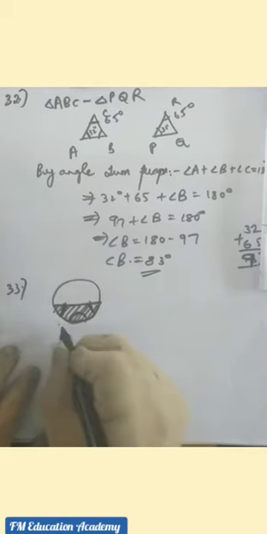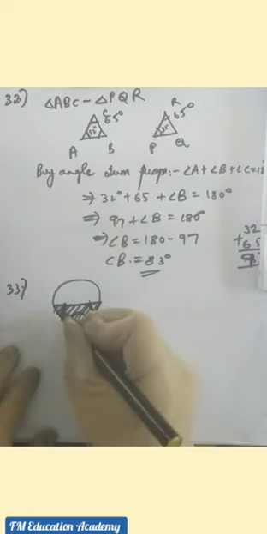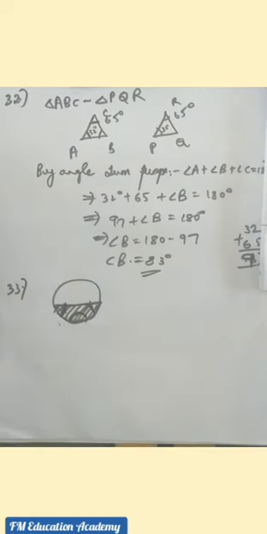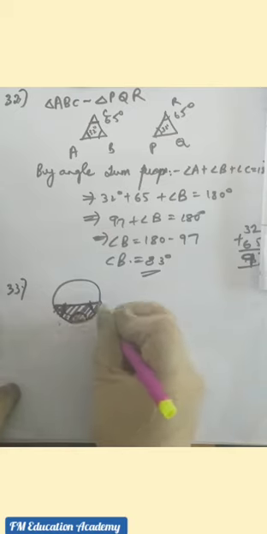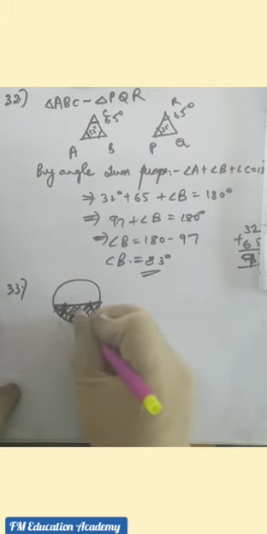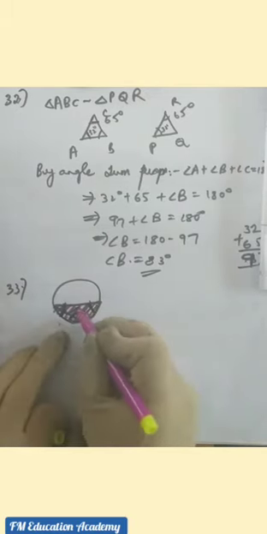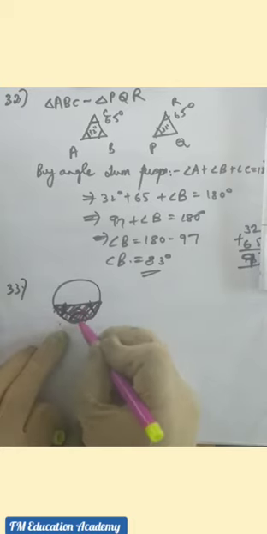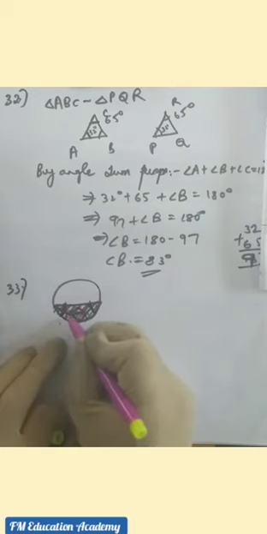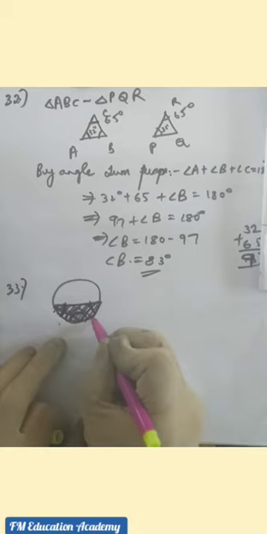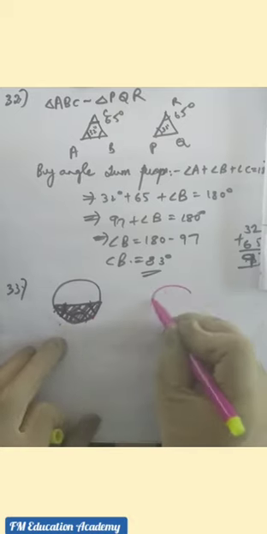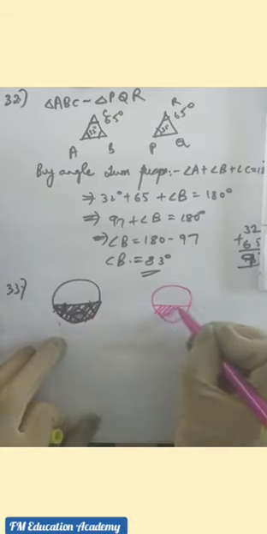Suppose this is a right angle triangle, then this will be 90. Only till here we have 90, in this triangle only this is 90. This part is also remaining, so it is more than 90 now. Suppose this is our segment.